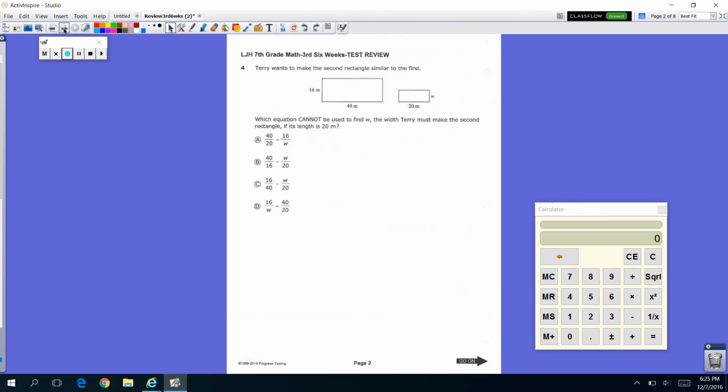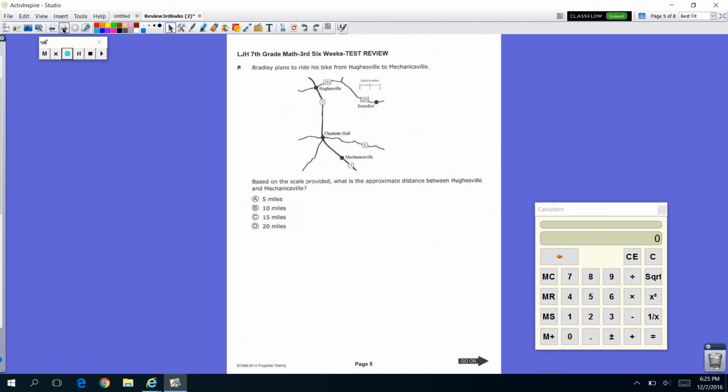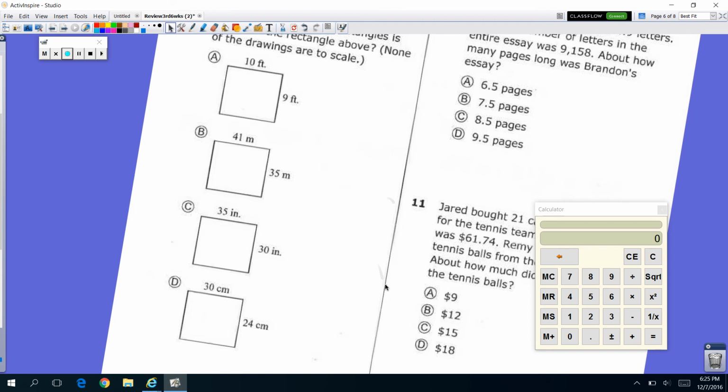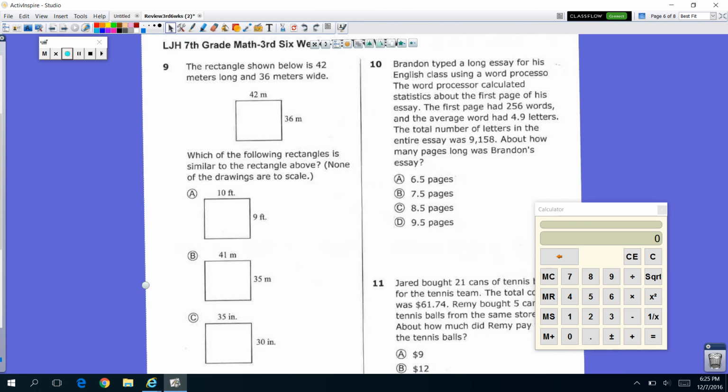Question number 9. We did up to number 8 yesterday. So number 9 is this one here. Some of you, I helped you this morning with this particular problem, so it'll be easier for you to understand. And it goes like this.